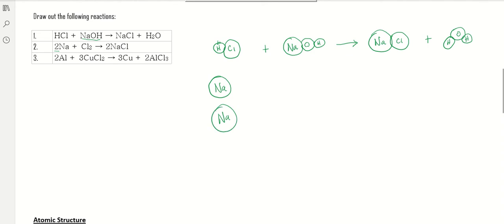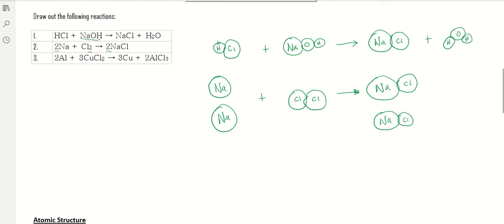They're not connected. They're not a compound. Versus Cl2, those two chlorines are connected. So plus Cl connected to Cl. Now, I have NaCl being produced, so Na connected to Cl, and how many of these NaCls do I have? 2. So I need to draw 2 of these compounds.